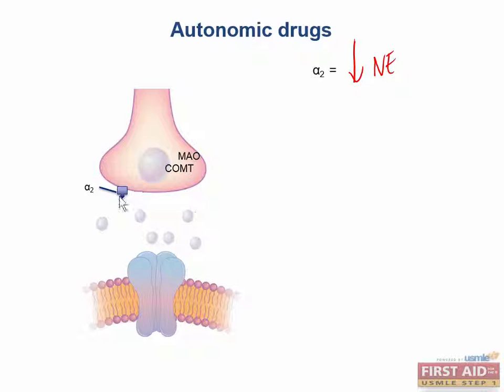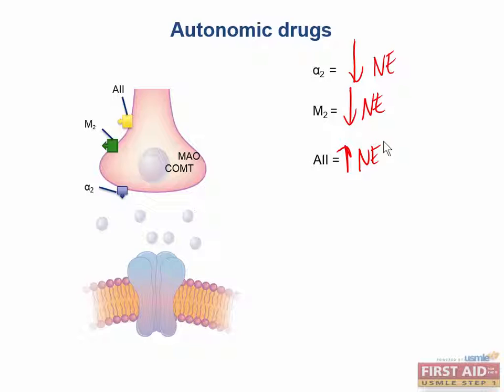So when alpha-2 receptors are stimulated, it'll actually provide negative feedback and reduce the sympathetic outflow and decrease the release of norepinephrine. Activation of the M2 receptors by acetylcholine also inhibits norepinephrine secretion, while activation of the angiotensin II receptors are going to increase norepinephrine secretion.